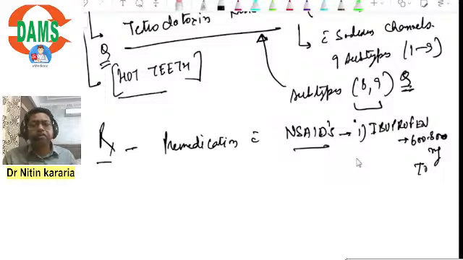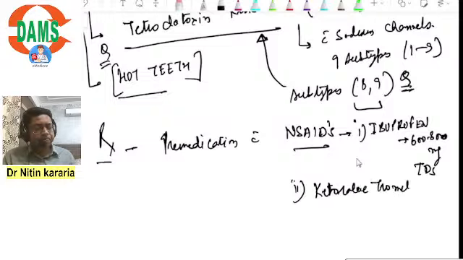The second drug in order of potency is ketorolac tromethamine, 10 milligram TDS, or simply Ketorol DT.